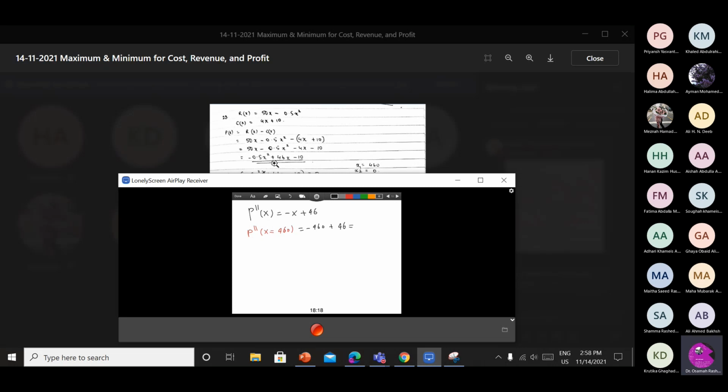It gives you what? Minus 414, sorry. Okay. So it is negative. So x equal to 460 makes the maximum profit. Catch it?